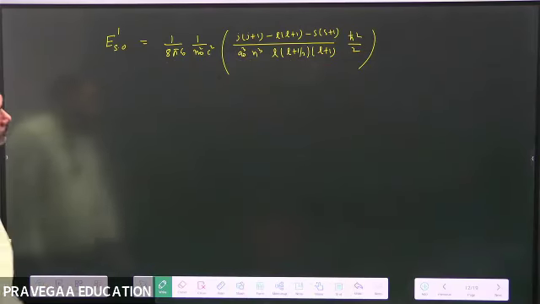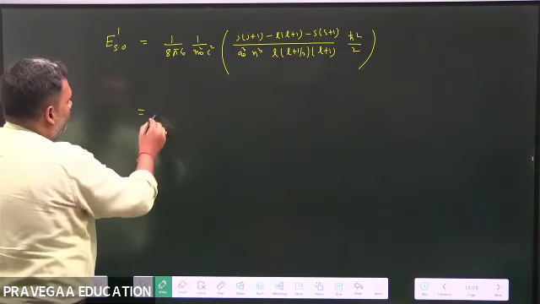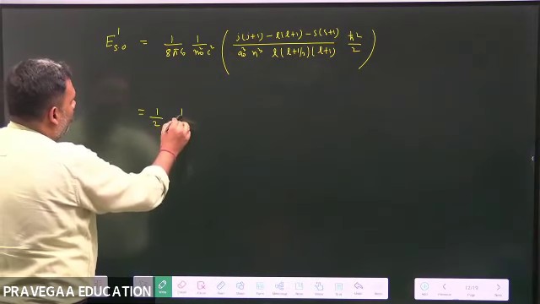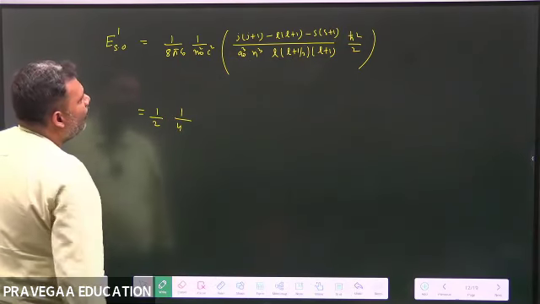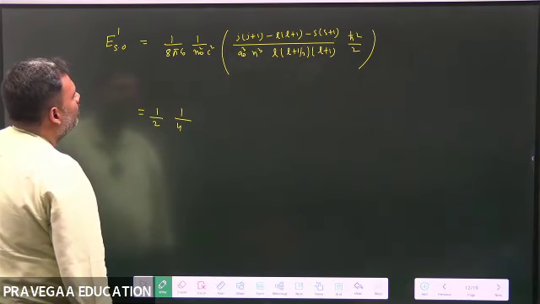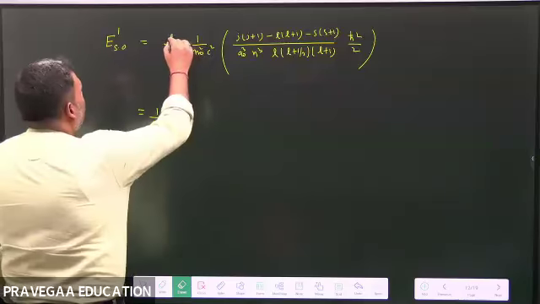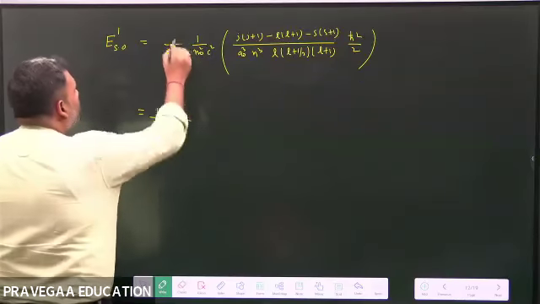Now we will put the value of a naught cube. So I am writing this as 1/2 e square, e square is also there, so that value is e square.